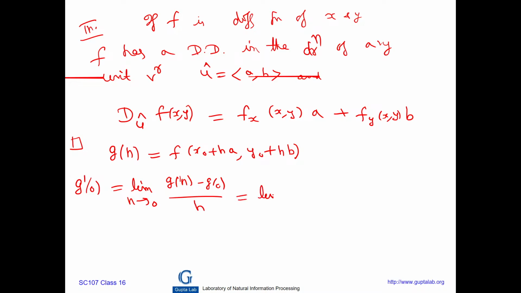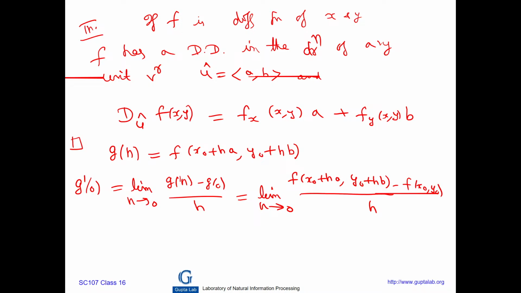This is nothing but limit h tends to 0, f of x naught plus ha comma y naught plus hb minus f of x naught comma y naught, divided by h. So the whole thing is written like g dash of 0. That is fairly simple.